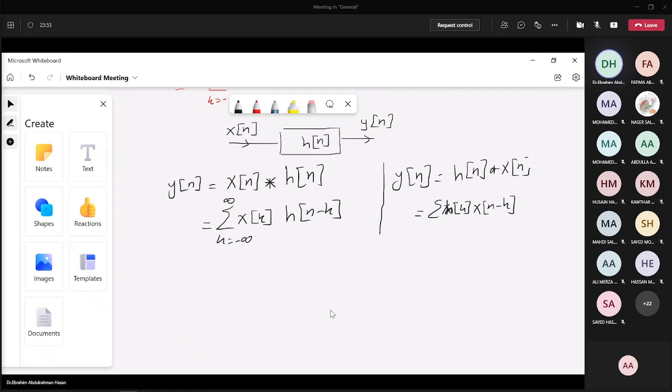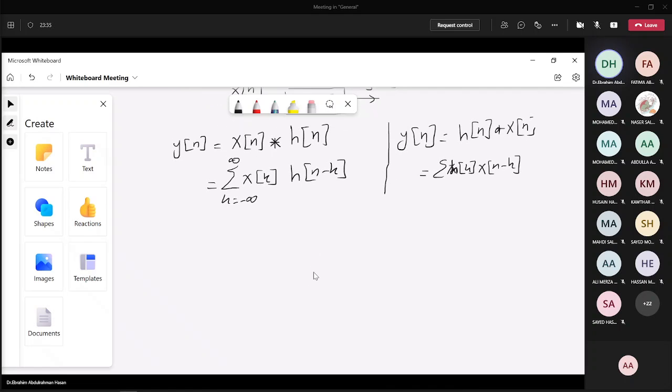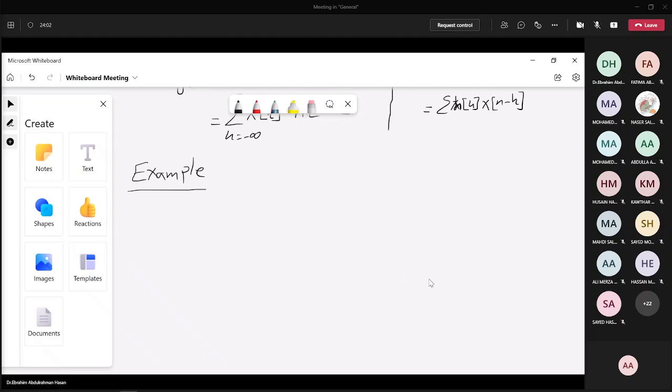Let's take an example to clarify the problem more. Okay, let me say that example. This is my x of k.